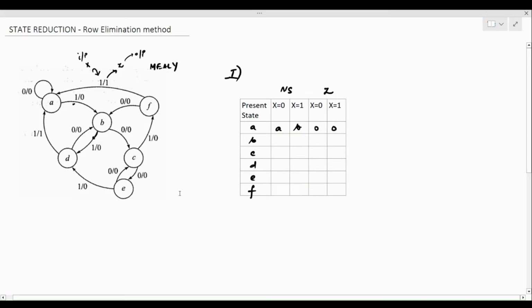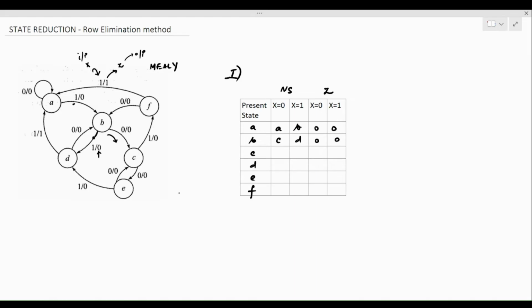Let us now move on to state B. In state B, when the input is 0, it makes a transition to state C and the output remains 0. For state B, when the input is 1, it goes to state D and the output remains 0.